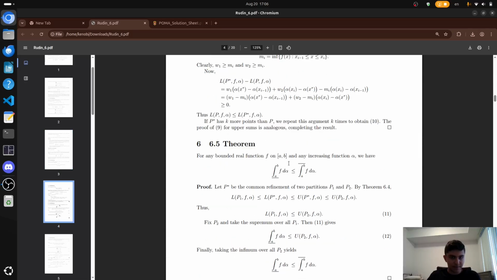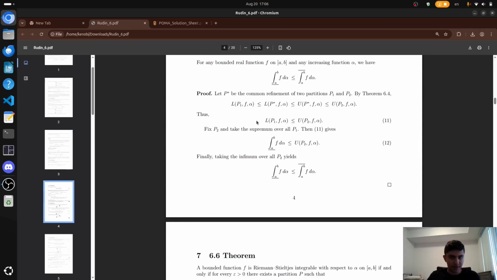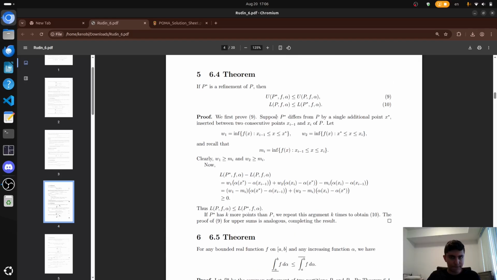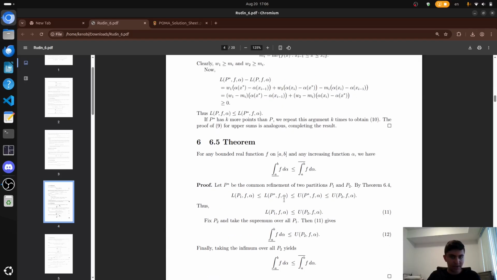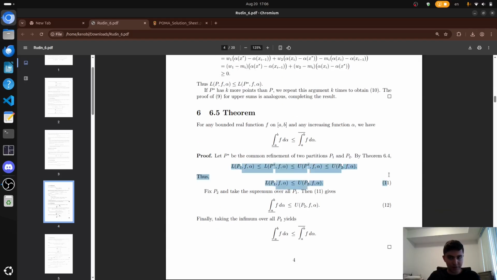Basically, you take this inequality over here, and this thing, you take the supremum of it and the infimum of it, and you get the result. You basically get that this minus this is less than this minus this.